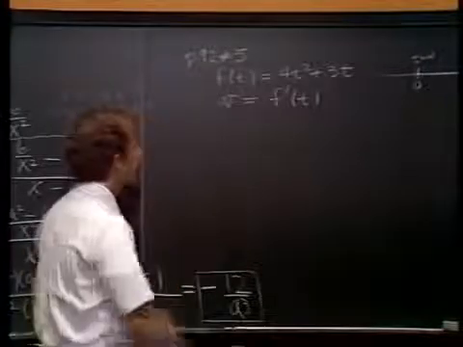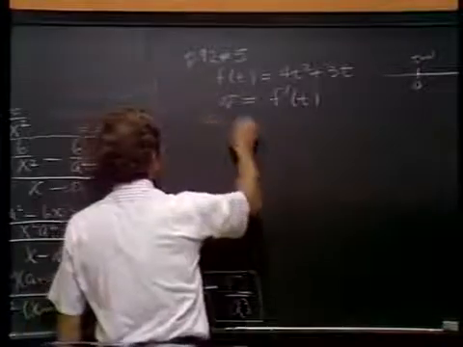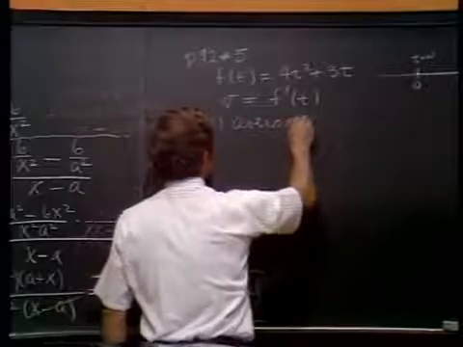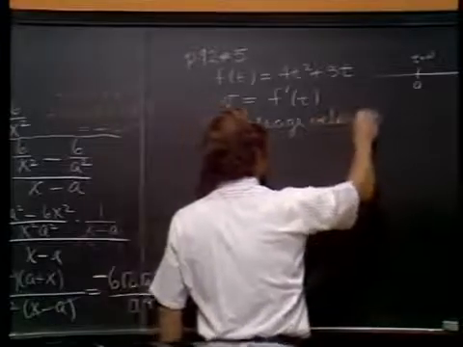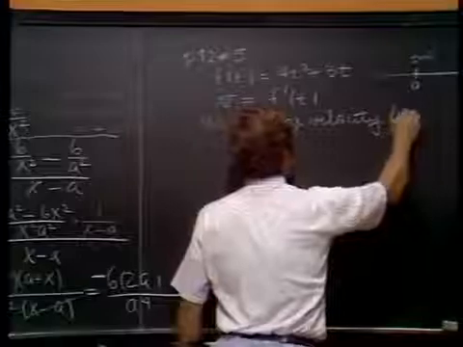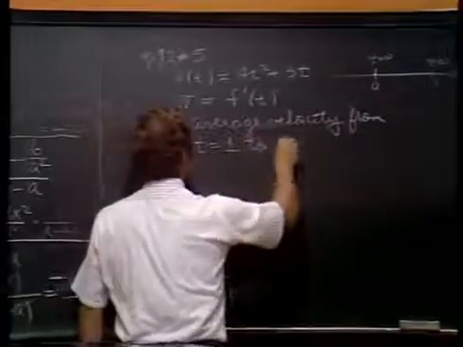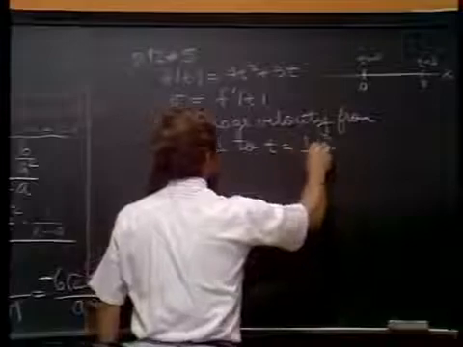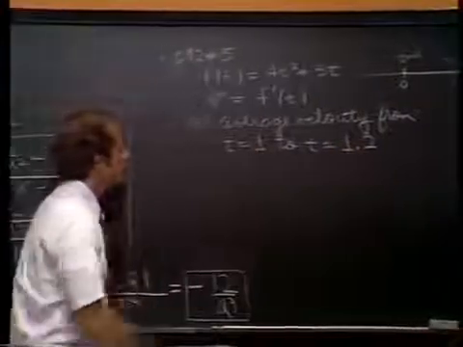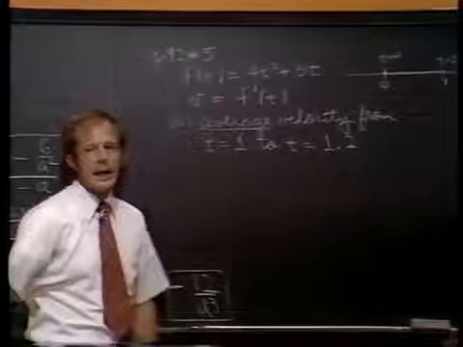Well, part A of the problem is to find the average velocity from t equals 1 to t equals 1.2. First part, find average velocity.